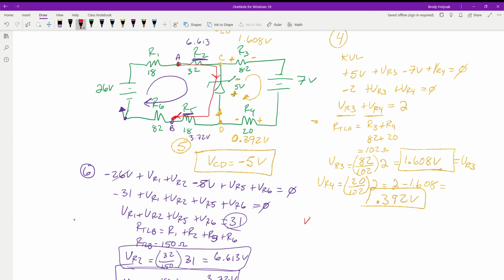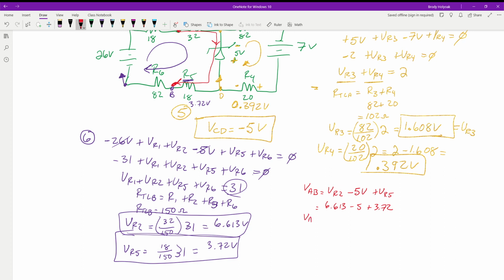So our voltage from A to B is equal to the voltage of R2 minus the 5 volts from our diode plus the voltage of R5. So what we get is 6.613 minus 5 plus 3.72.